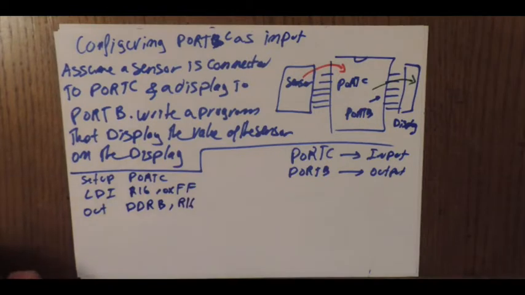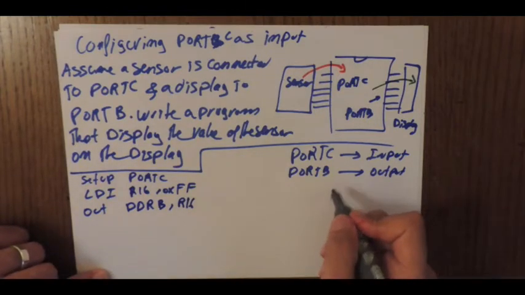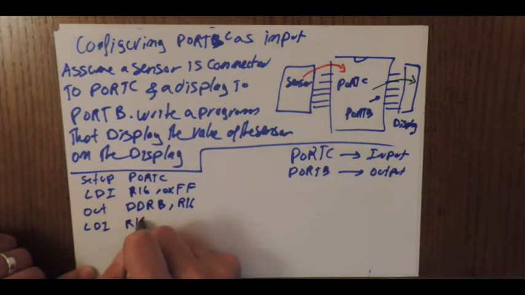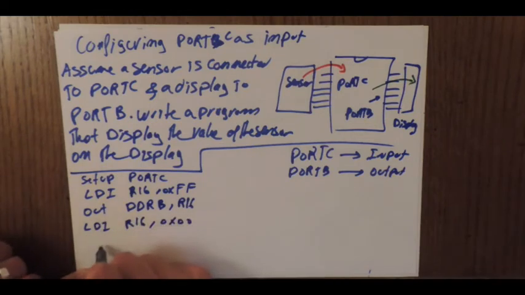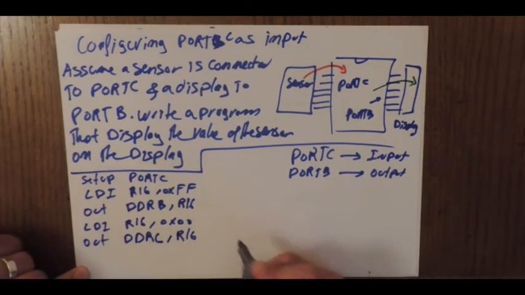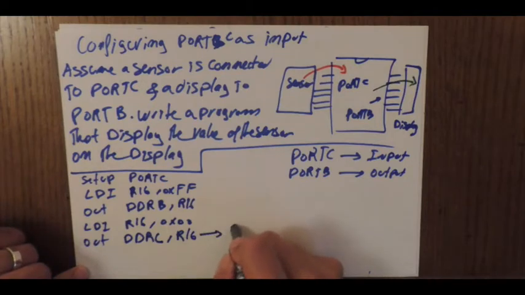This sets port B as output. Now I want to set port C as input. So I need to clear it, and then I'm going to place on DDRC, R16. So here port C is input.